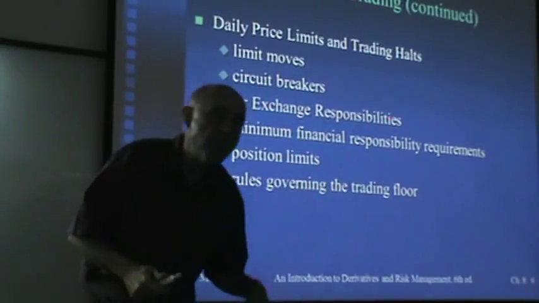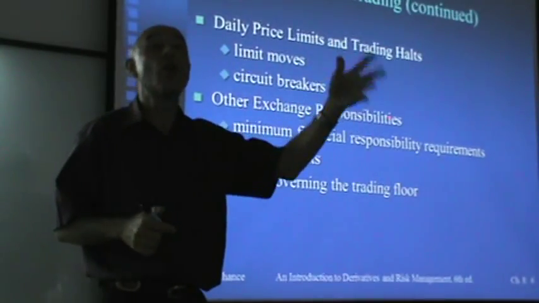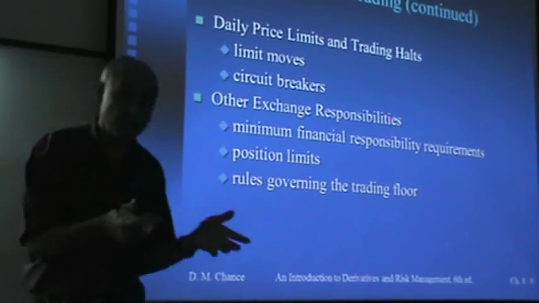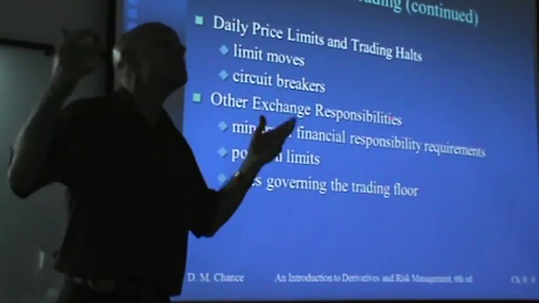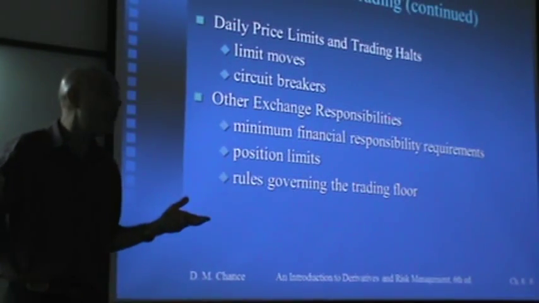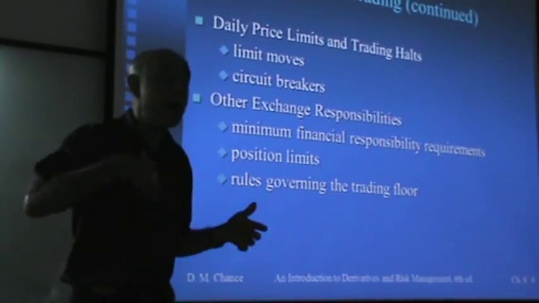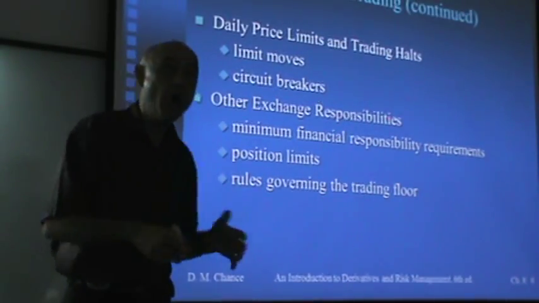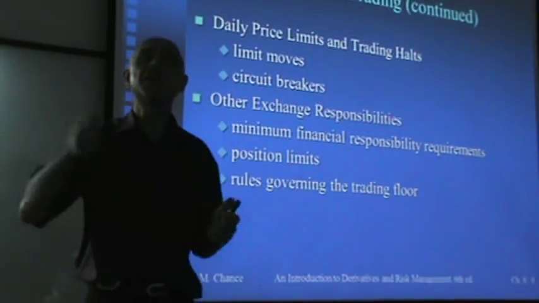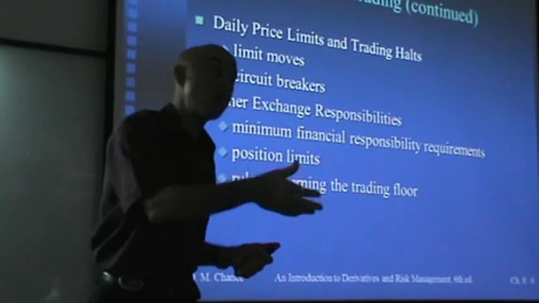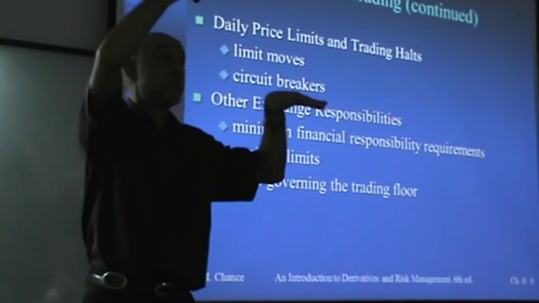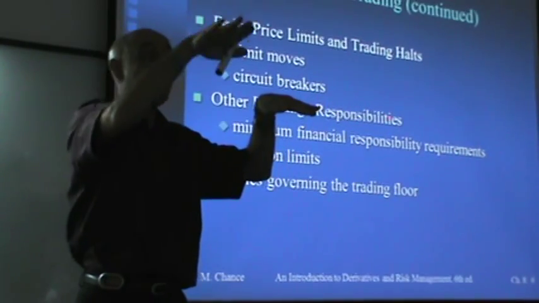You can't just buy 100,000 contracts of oil, because 100,000 contracts of oil times 1,000 barrels is like 100 million barrels, way over the world's production of oil. And if you buy 100,000 contracts of oil, you can drive the price sky high. By the same token, you can't just sell 100,000 contracts of oil, because you can literally crash the price from $100 to 60 or 40 or 20.